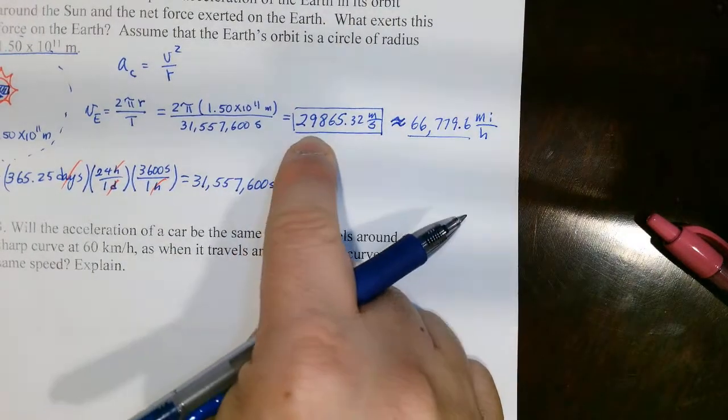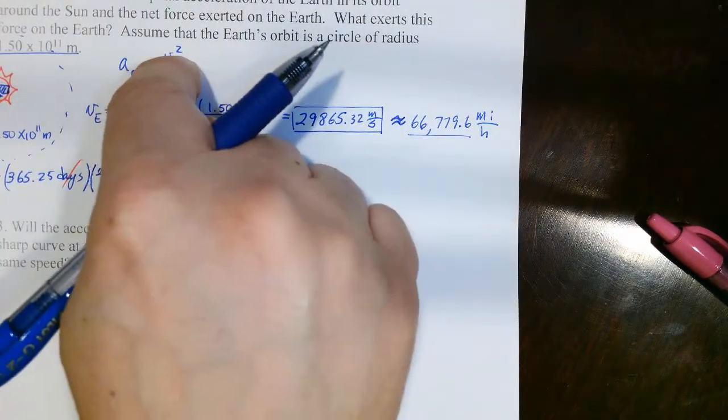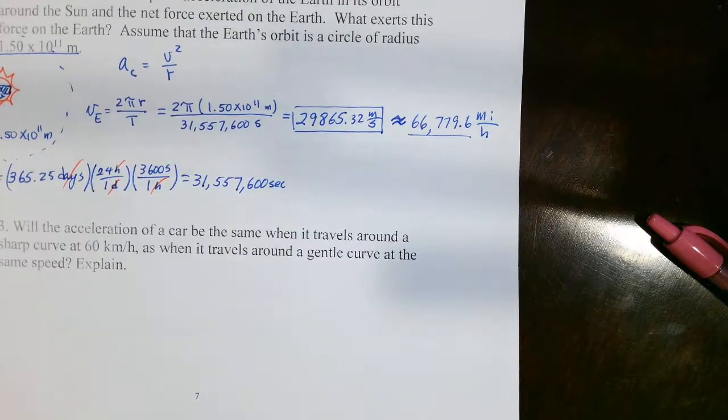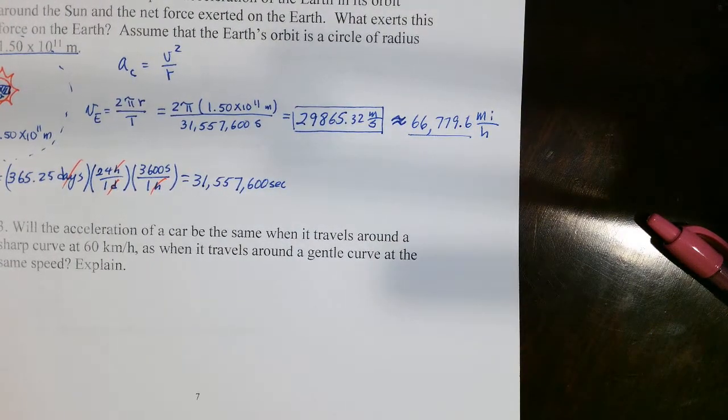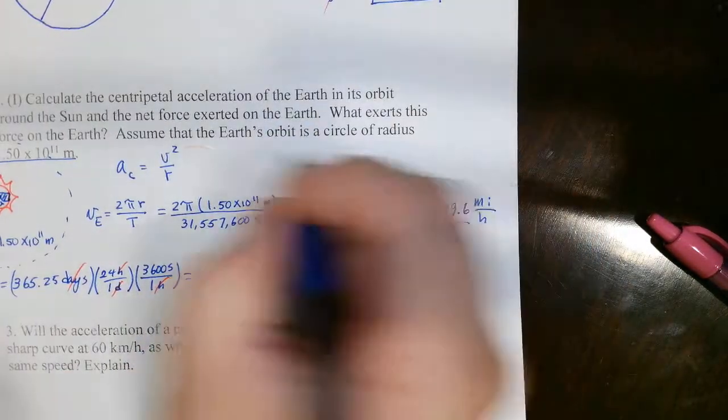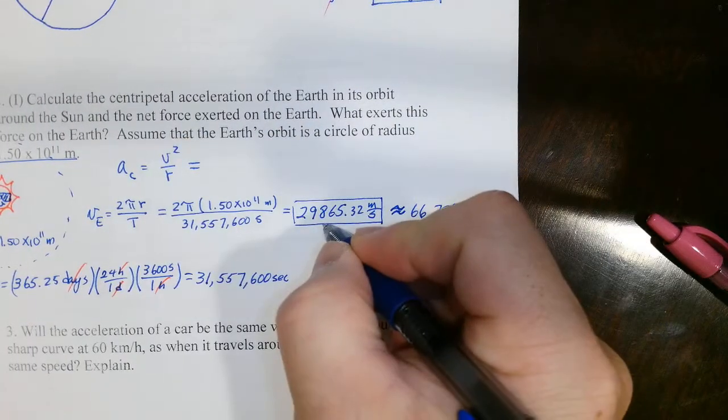Well, let's now plug this here and this here to see how much acceleration the Earth should feel as it goes around the sun, right? So now we have all the ingredients.